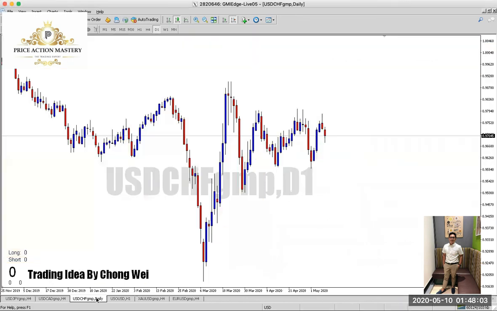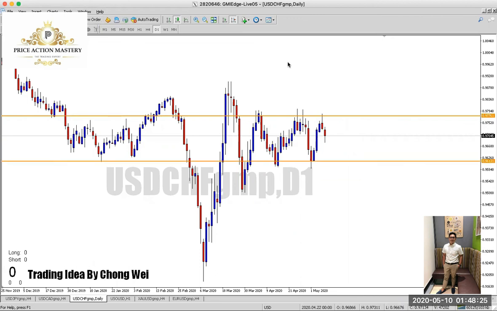So let's go to the last. Okay, USD Swiss franc is also in a range, a very clear range. Even though the NFP, I believe a lot of people think NFP is good for USD, but if you look at the technical chart, USD is in the range, and on the daily the market was already reaching the top, so the NFP data just brought the market down.